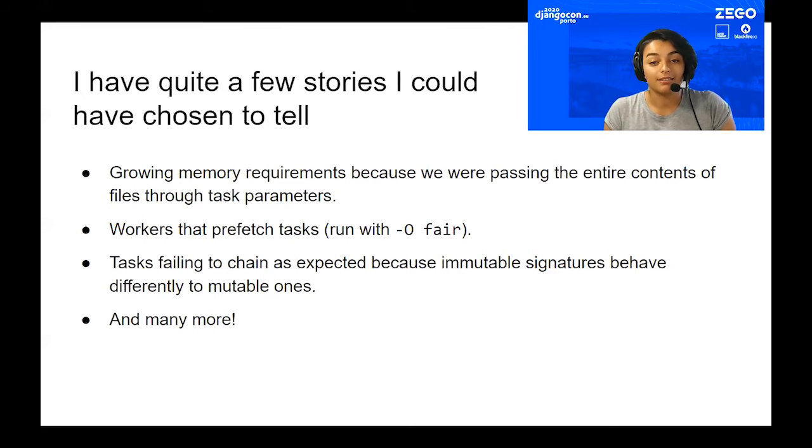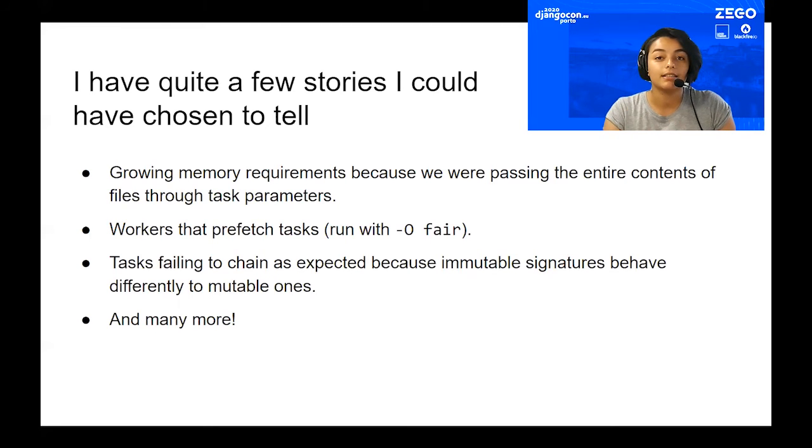We also had a lot of fun when we found out that workers will prefetch a certain number of tasks. That means if you have tasks that run for a long time, which we do, a worker could potentially fetch a batch of them, let's say 3, and it will go through and execute each of those while perhaps there are other workers that are available.